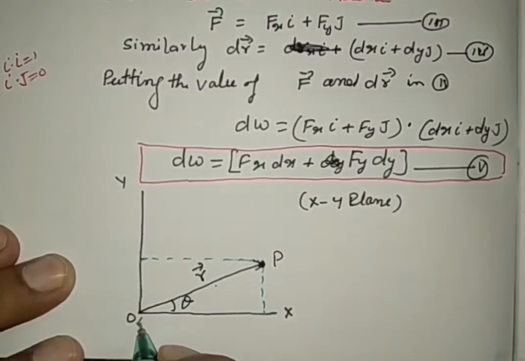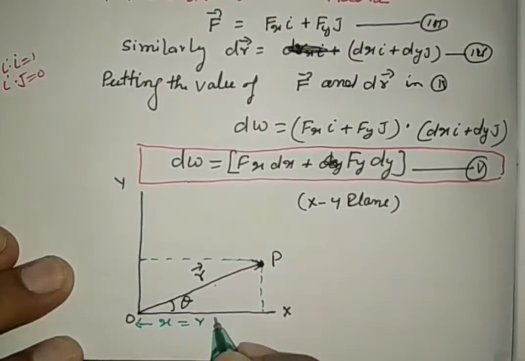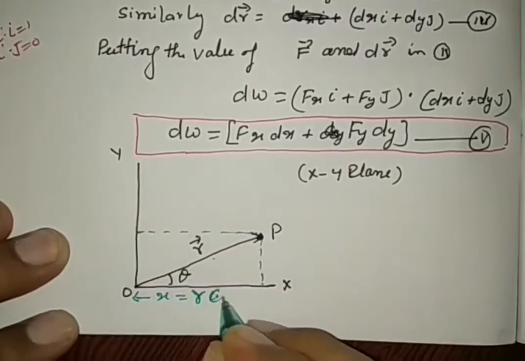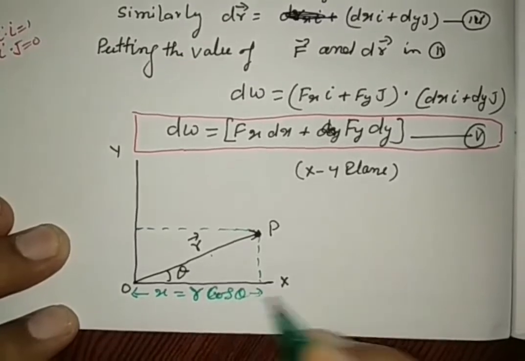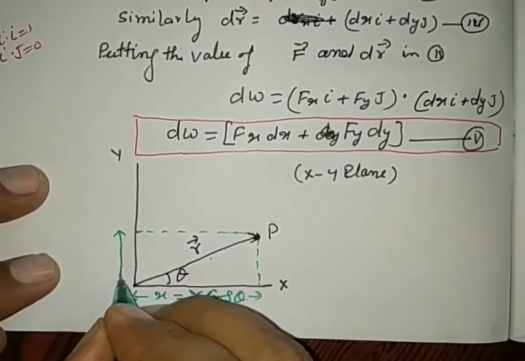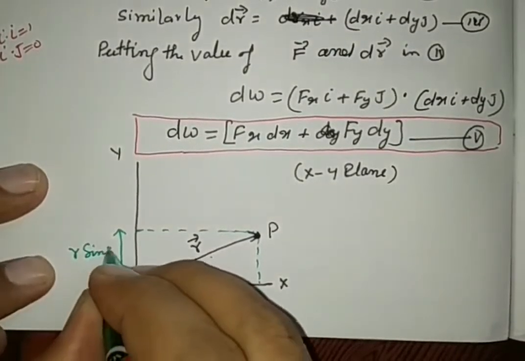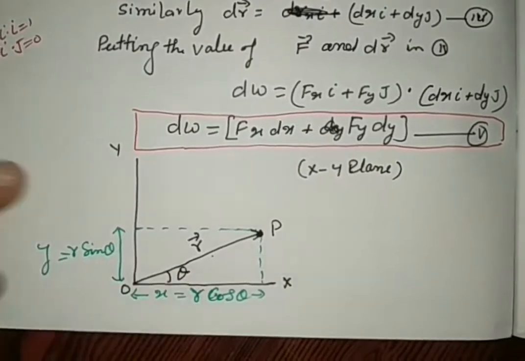So here in this diagram, the x component can be written as r cos theta, and the projection, the vertical component, can be given as r sin theta, that is the y component.